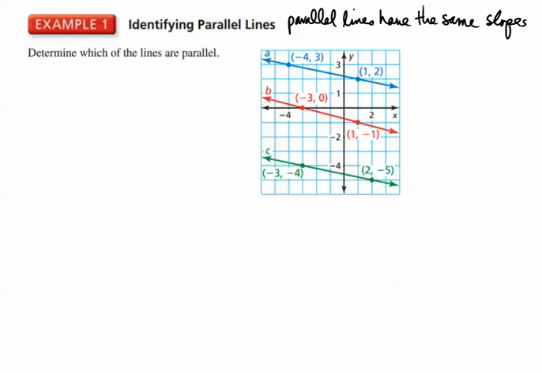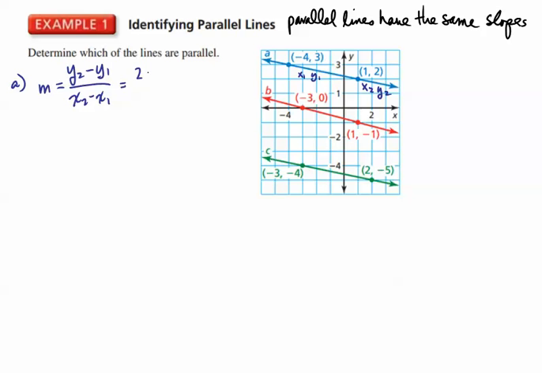So let's look at line A, the blue line. We're going to use the formula for slope, which is m is equal to y2 minus y1 over x2 minus x1. We could also use the graph, it's fine. Let's label our points, x1, y1, x2, and y2.